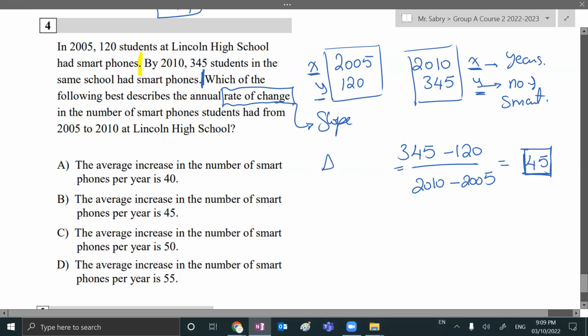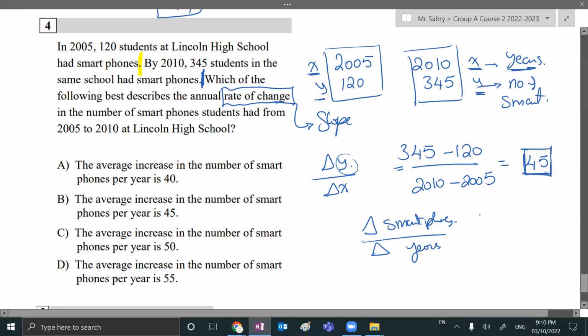The slope is the change in Y over the change in X. And since Y represents the number of smartphones, then it's the change in smartphones over the change in X, which represents the years. It's the change that happened in the number of smartphones over the change that happened in years.